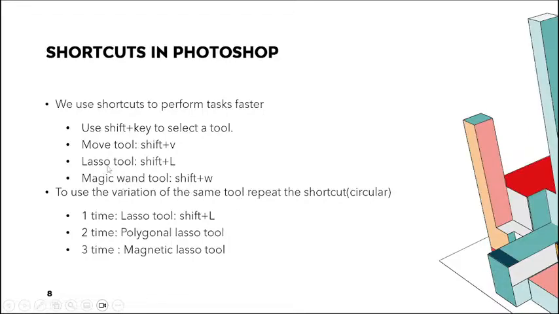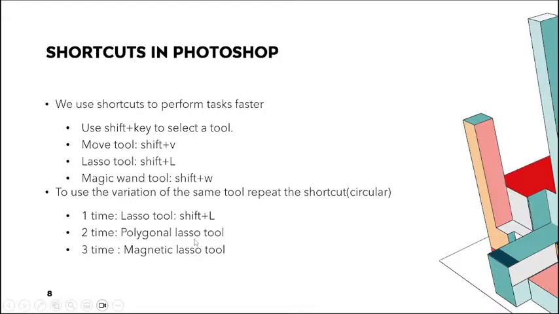And there are different options inside the same tool. For example, if we take the lasso tool, there are three variations of tools inside the lasso tool. When you first select the lasso tool by pressing shift and L, the basic lasso tool will be selected. If you press shift and L again, then instead of the basic lasso tool, the polygonal lasso tool will be loaded.